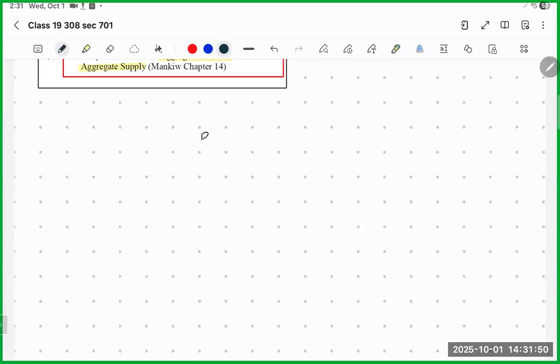So for the dynamic model, when you see the word dynamics, it means we're going to have time in the model. For GDP, the most important variable is going to be variable Y. The variable Y stands for GDP, right?